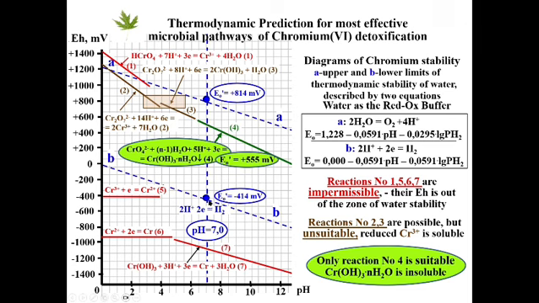And from this diagram it is obvious that the most successful process will be in the case of a large difference between the donor system, for example, hydrogen-producing anaerobic bacteria, and high potential chromate with a standard redox potential of plus 555 millivolts.